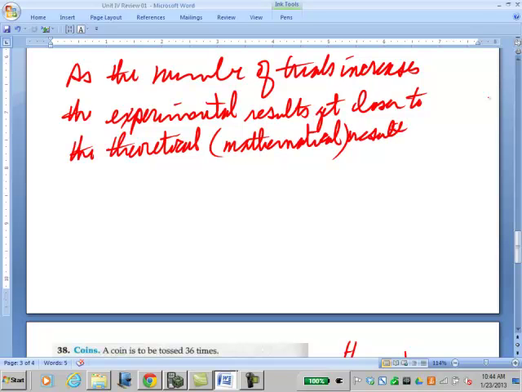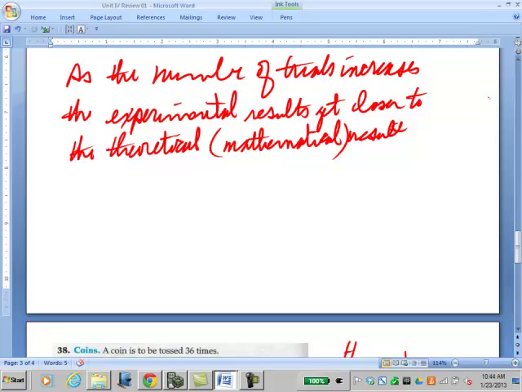Okay, so the more trials you do, the closer your experimental mean gets. If you do one trial, what's your experimental mean going to be? It's going to be 0 or 1, right? You do 2, what can happen? You flip a coin twice.